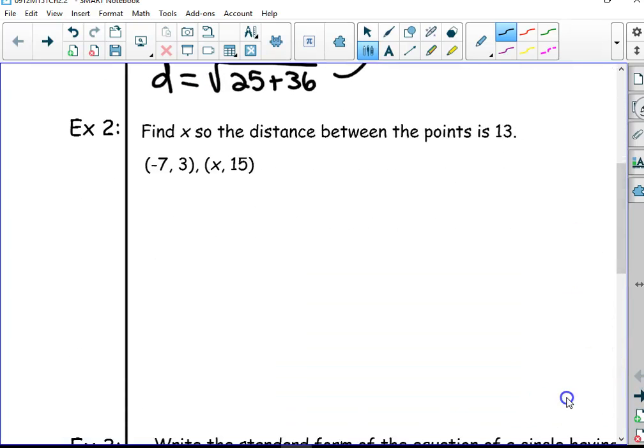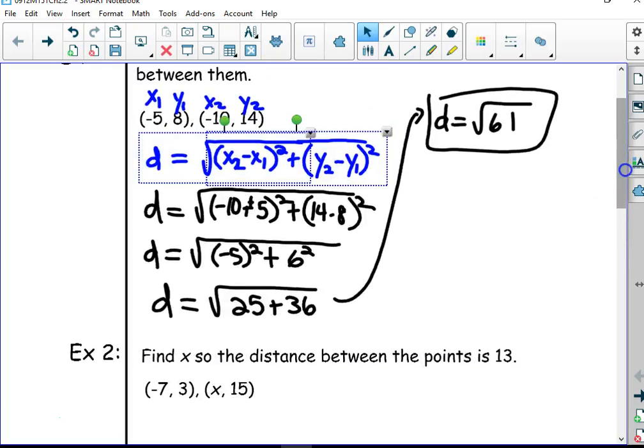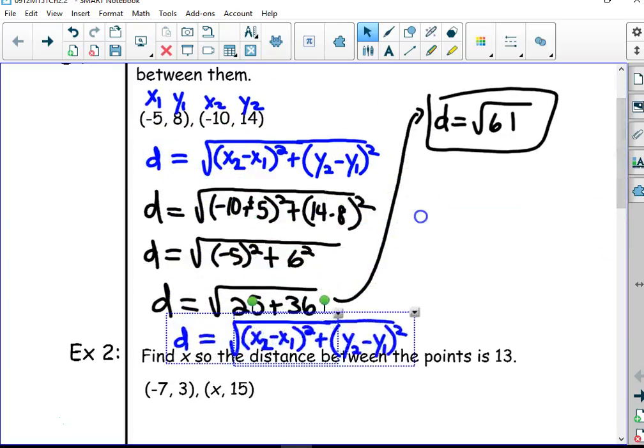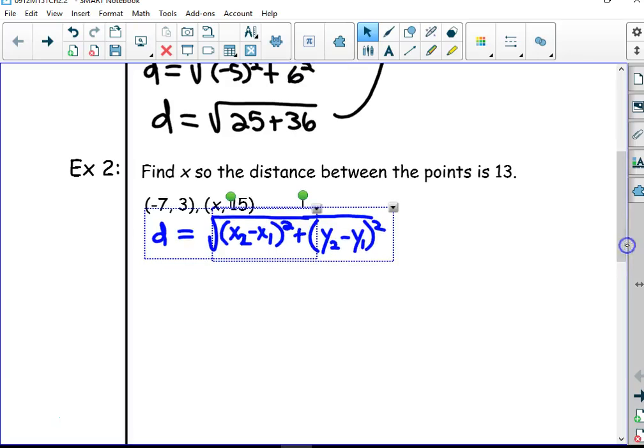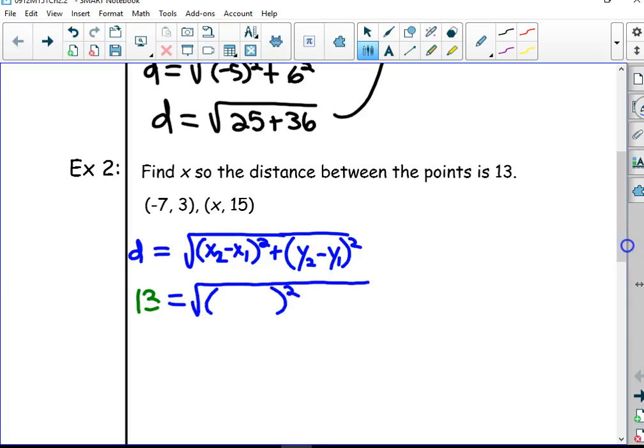Find x so that the distance between the points is 13. And I am so lazy, I'm not going to write that again. Okay, so they give us this distance of 13. That's going to be equal to the distance formula.